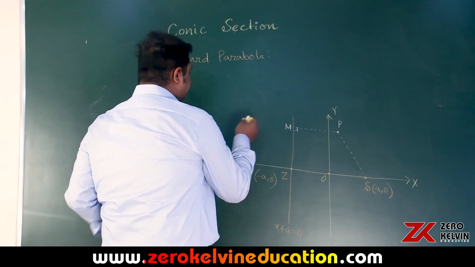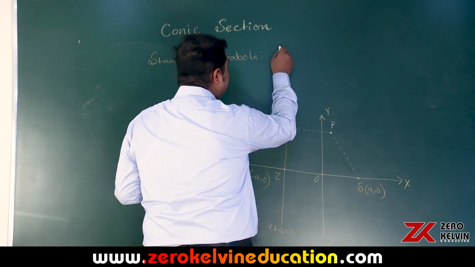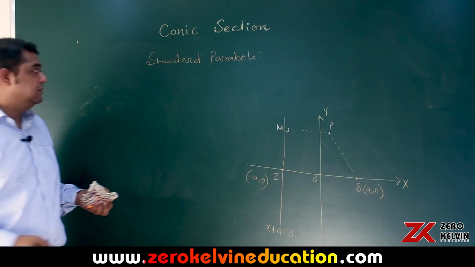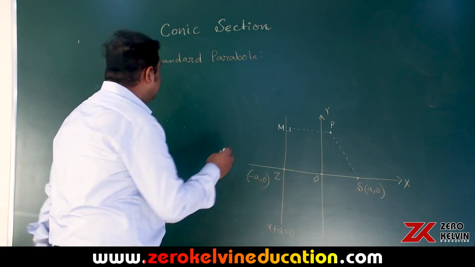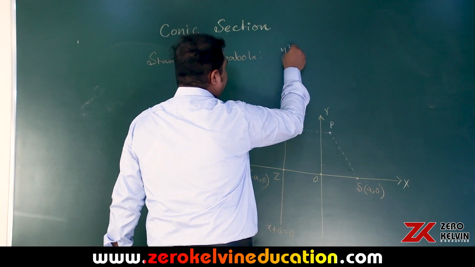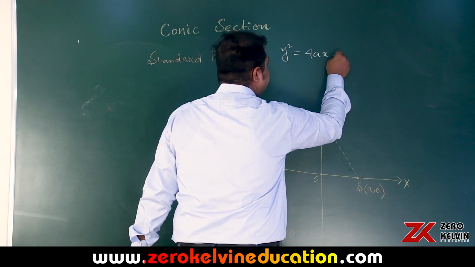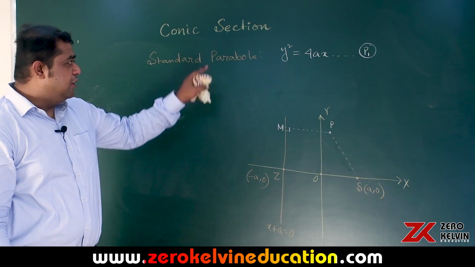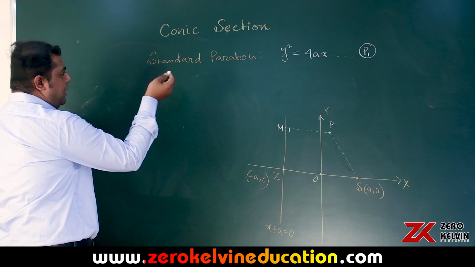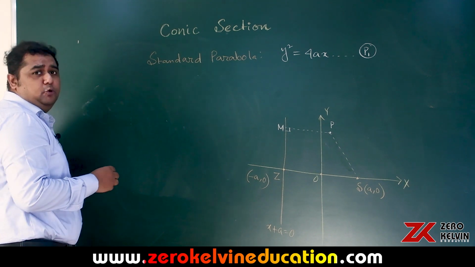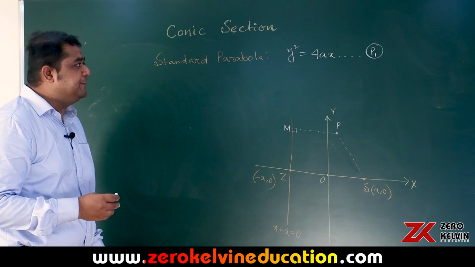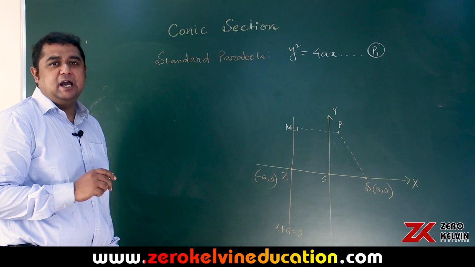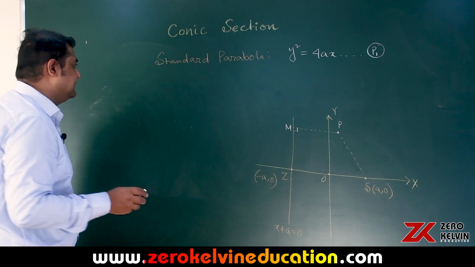So, I am writing the equation of the parabola. If we consider the equation of the parabola y square equals to 4ax, which has been marked as P1, the first observation on this equation: if I replace y with minus of y, then no change happens as there is a square for y, and that confirms the equation is symmetric about the line y equals to 0, that is x axis.